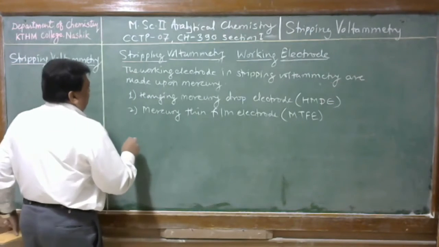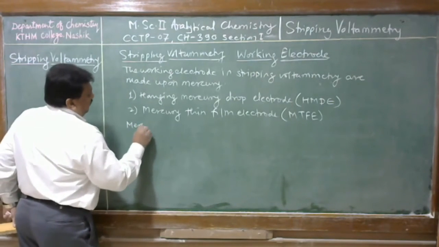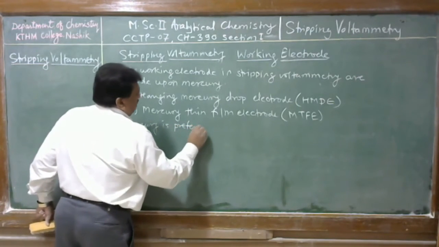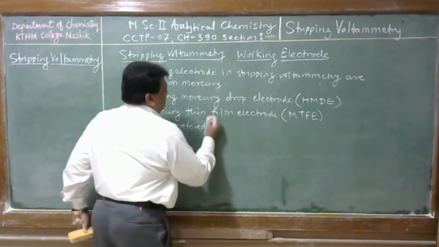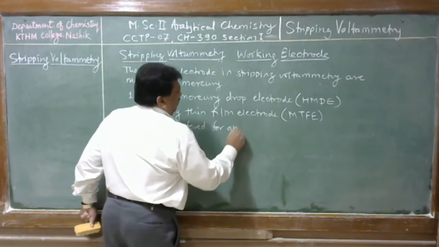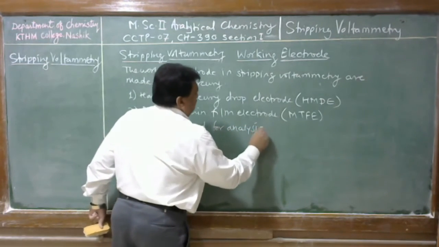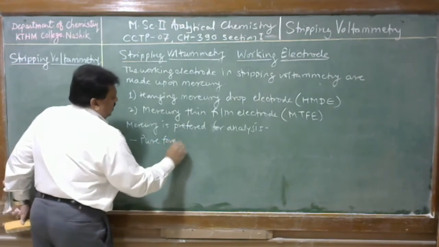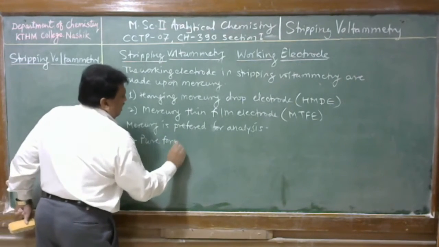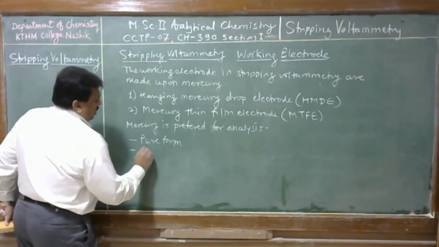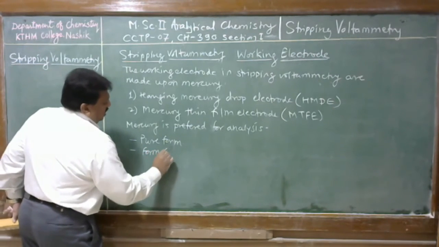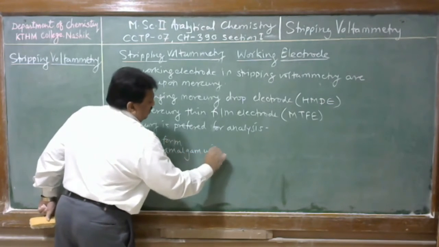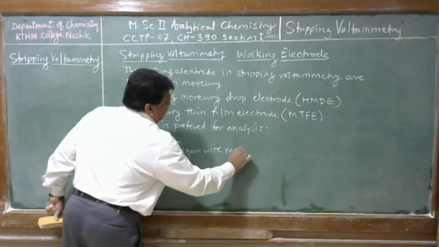Generally, mercury is preferred for analysis because it is available in pure form. It easily forms the amalgam with many metals.